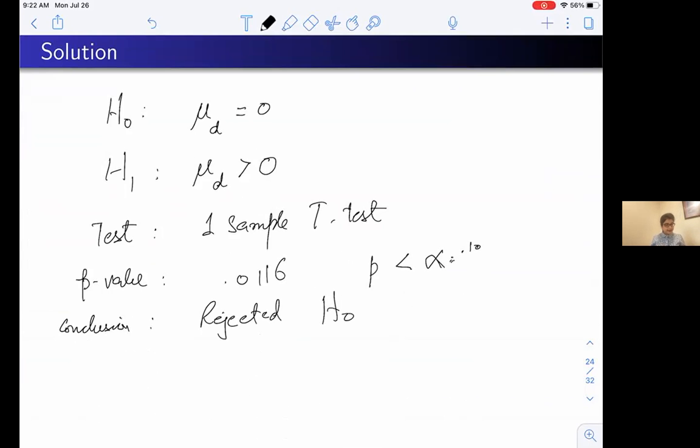If you are rejecting the null hypothesis, it means alternatively you are going to accept the alternating hypothesis. So what is your interpretation for the alternating hypothesis? That on average there was an increase in time spent studying by the students.